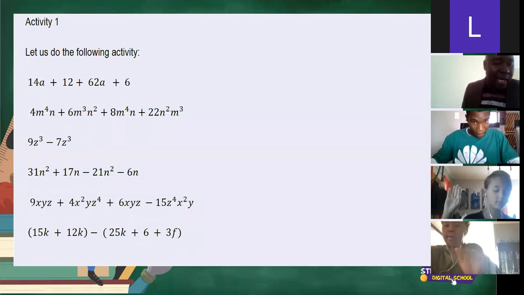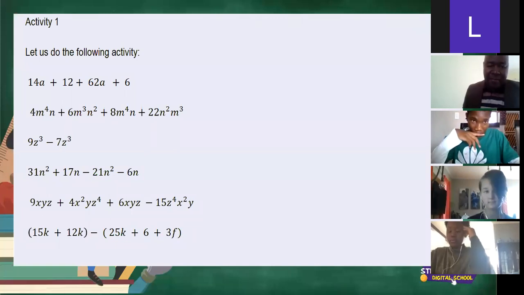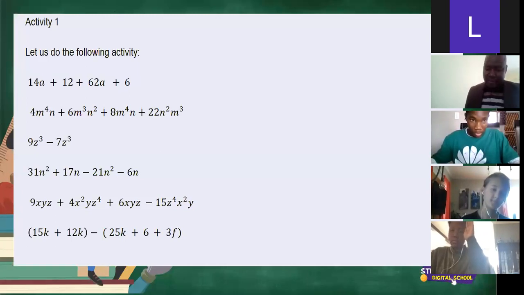So you agree you've got m to the exponent 4 and then you've got n. Then you've got m to the power 4 and then you've got n. The last one you say is 6m to the power 3n squared, and the other one is 22n squared m to the power 3. And you are saying these two are not the same. Why are you saying that?